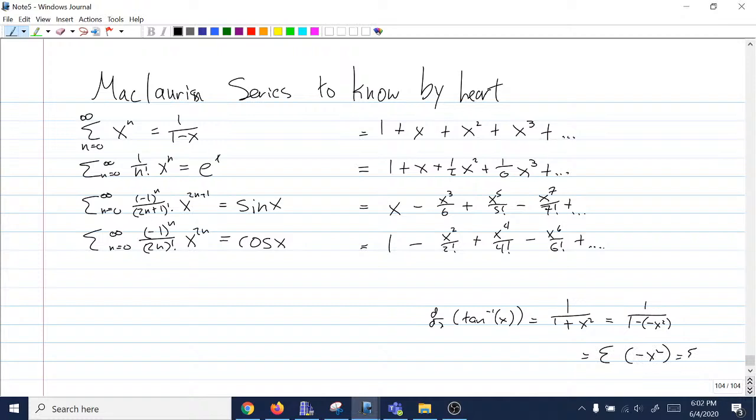So you get the sum of negative 1 to the n, x to the 2n. Well, the integral of that will be x to the 2n plus 1, divided by 2n plus 1, times negative 1 to the n. Have I got that right?